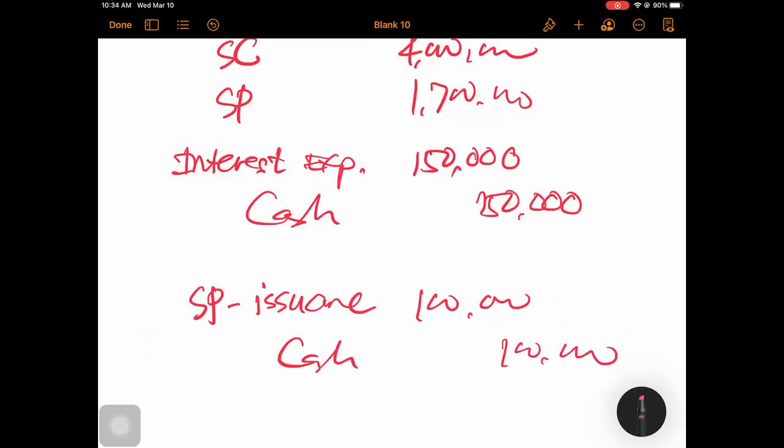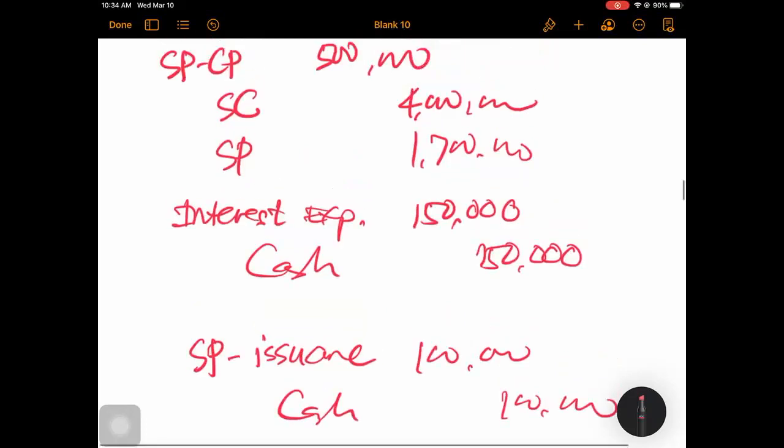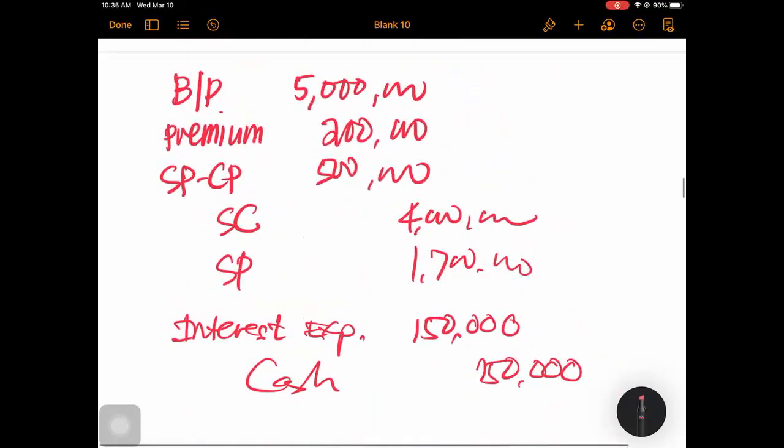Okay. So this is how you journalize a transaction if it's a convertible bonds. Pero kani siya given na ang balances. So what if the problem started, let's say, after 3 years before conversion?